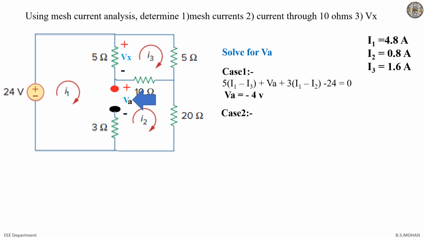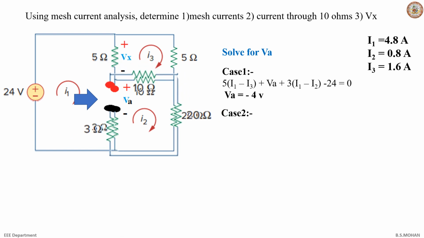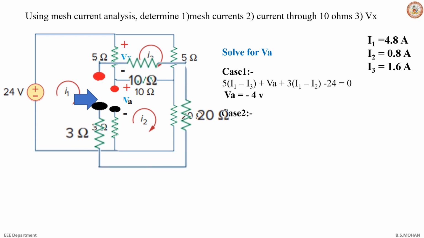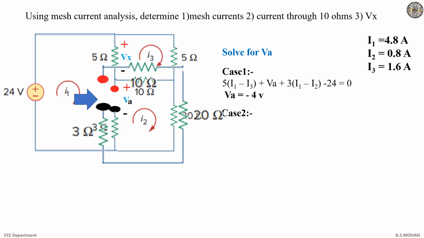Okay, is this the only way to solve? No, there is another way also. For example, if I'm inside the hall and trying to come out, what elements do you observe now? We observe these three passive elements. So find the voltage across these three for their respective currents.